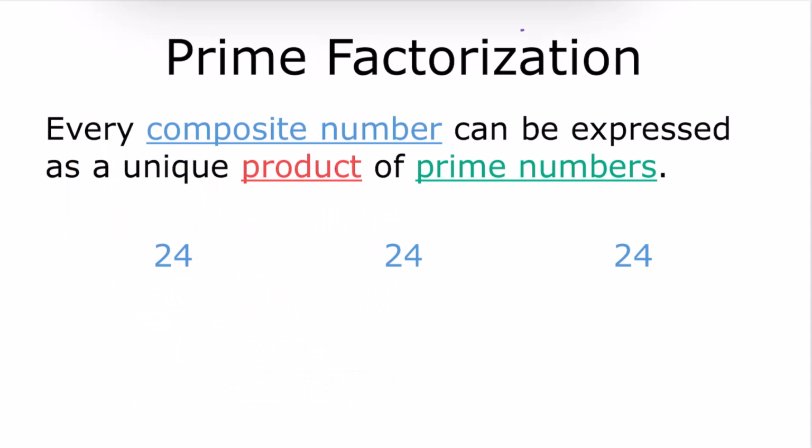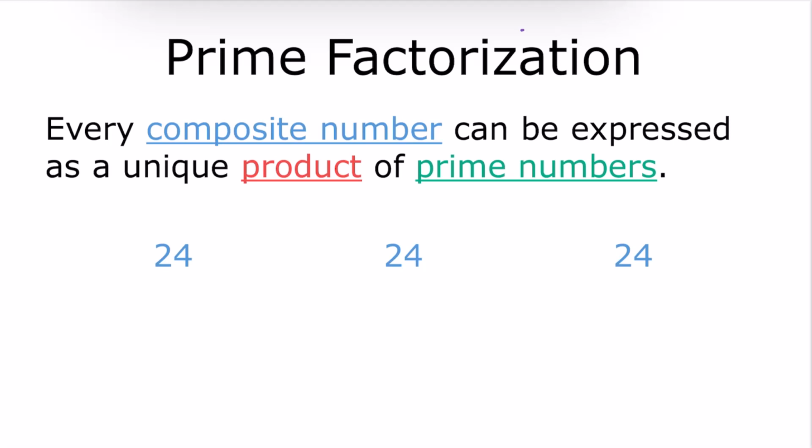So one of the defining characteristics of prime numbers and composite numbers is that every composite number can always be expressed as a unique product of prime numbers. The word product means multiplication or the result of multiplication. And what this means is that any composite number can be broken down into a series of prime numbers that are multiplied together.